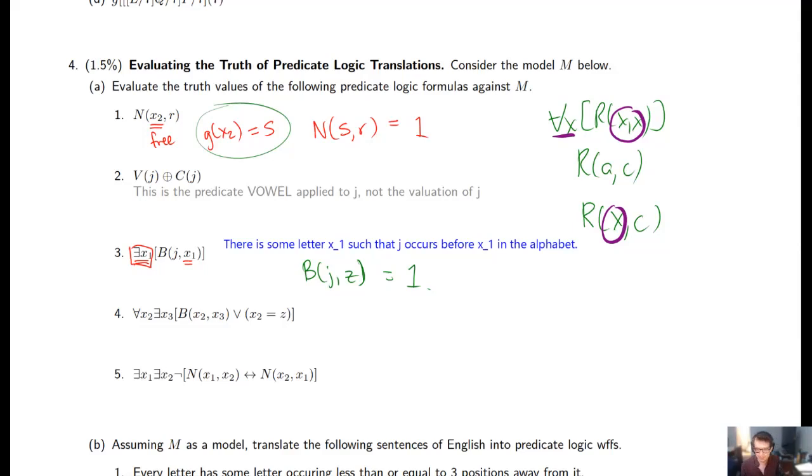So for question 4, when we said for all x2, it's bound there.